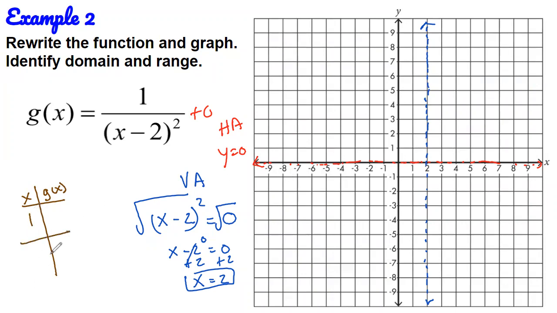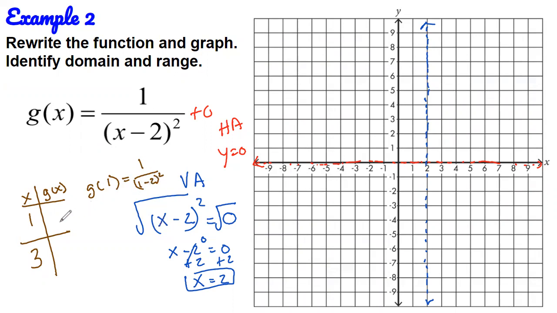What would be one value for x? Eli says 1 and Samantha says 3. Okay. All right. So what would be my value for g of 1? 1 over 1 minus 2 squared. 1 minus 2 is negative 1 squared.